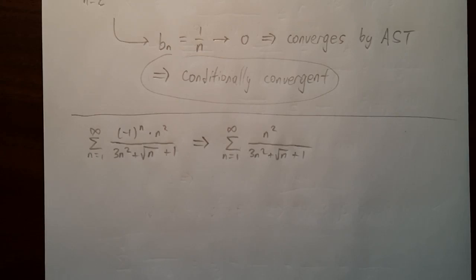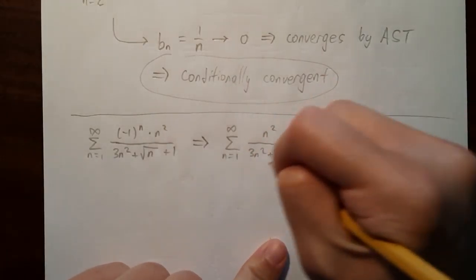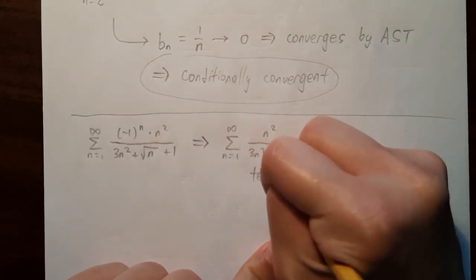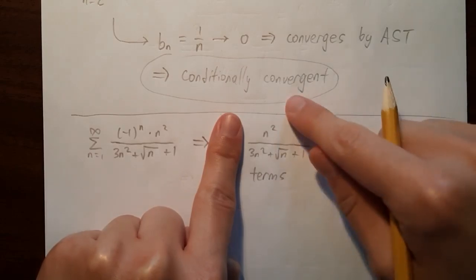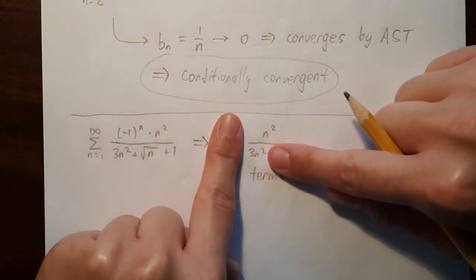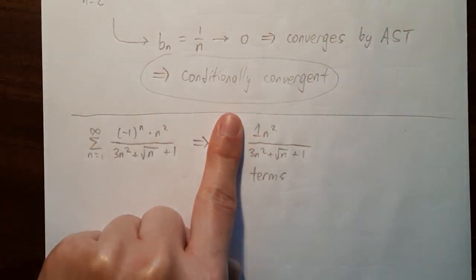All right, so does this thing converge or not as a series? Well, I think not in this case by the most basic test of all, the divergence test. If I take the limit as n goes to infinity only of the terms, so if I ignore the sum and I look only at the terms, if I take n to infinity, these lower order terms are not going to really matter, so I'm ultimately just going to have the ratio of the leading coefficients, which in this case is a 1 on top and a 3 on bottom.